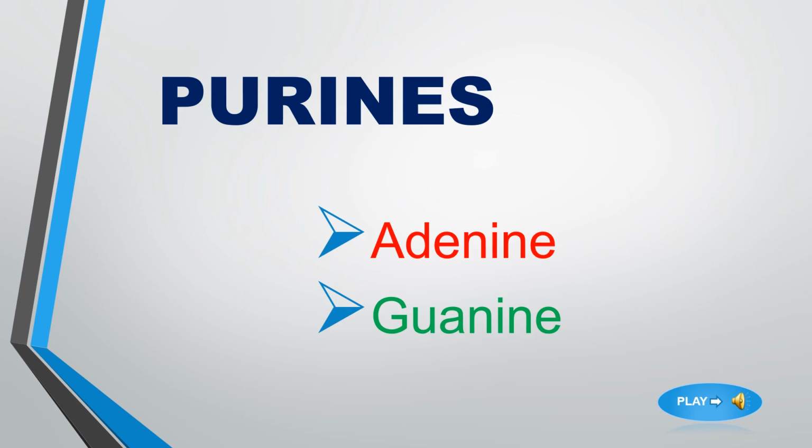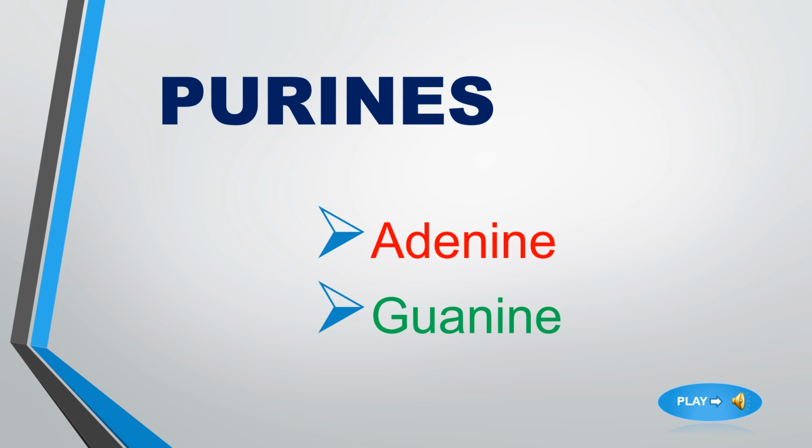Purines are adenine and guanine. A short way to remember the purines: pure as silver. The short form of silver is Ag. Ag stands for adenine and guanine.